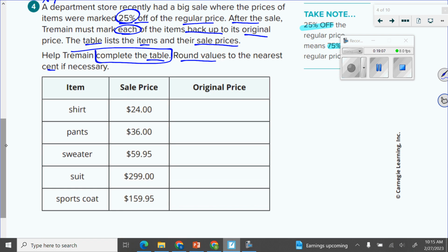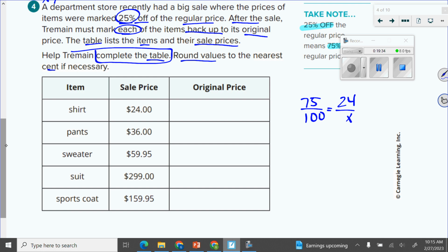Unfortunately, we're down to like 5 minutes, so we're not going to have a whole lot of time to do this. But what I do know is the basic setup for all of these is 75 over 100 is the sale price over the original price. Make sense? Okay?